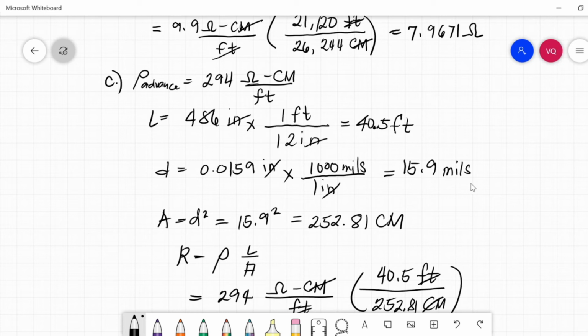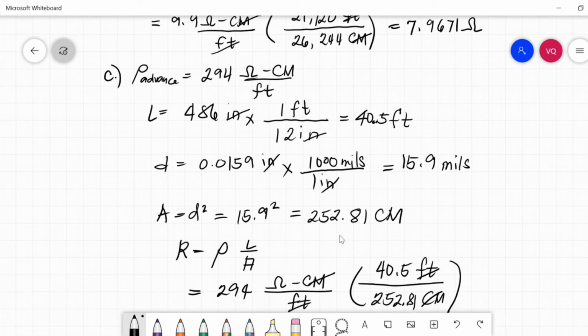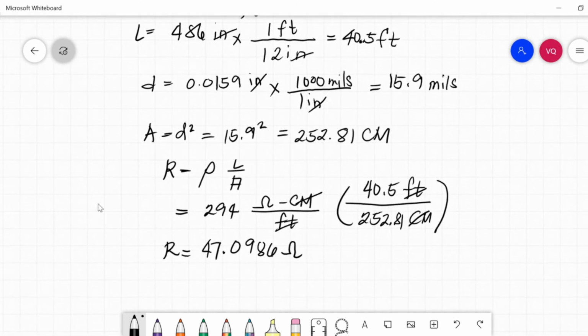Getting the area of this conductor, d squared, so 15.9 squared, that is 252.81 circular mil. Solving now the resistance, equal to 294 ohm circular mil per foot times 40.5 feet divided by 252.81 circular mil. The resistance now of the wire is 47.0986 ohms.